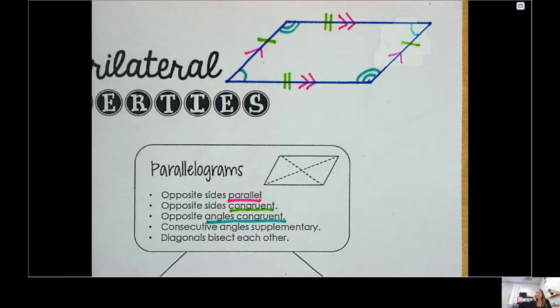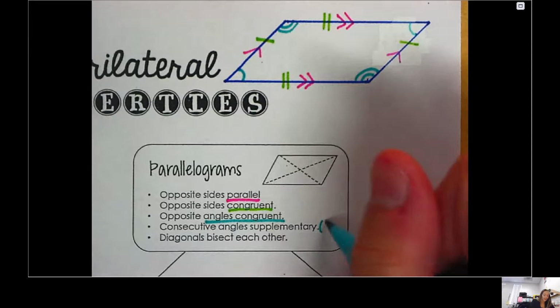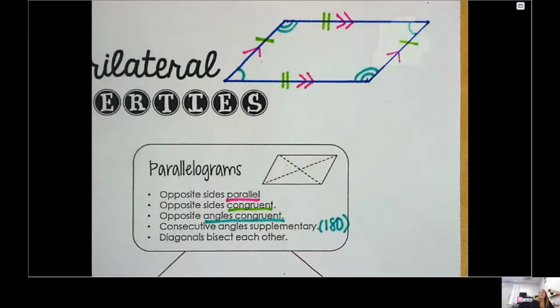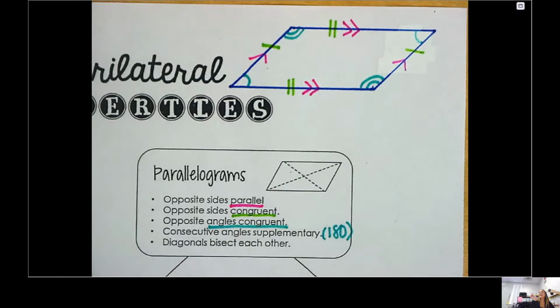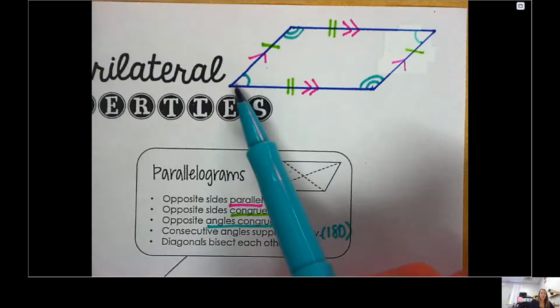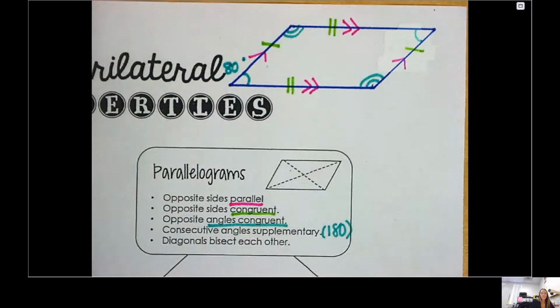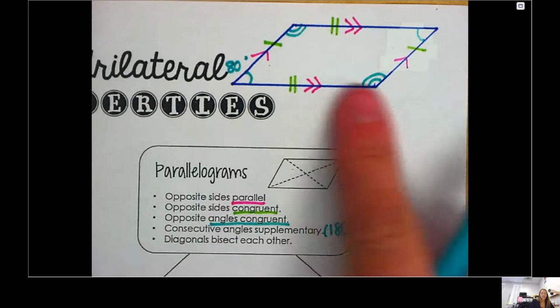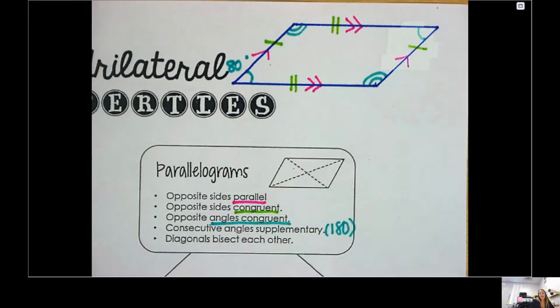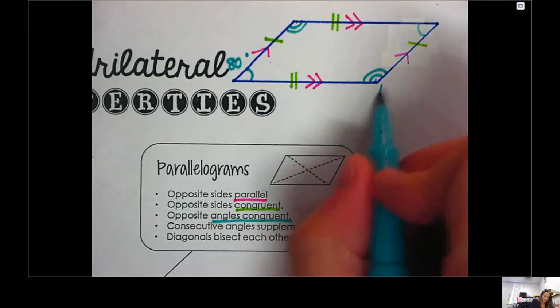Next one says consecutive angles are supplementary. What does supplementary mean? Adds up to 180. So consecutive means two that are on the same line. For example, if I said that this small angle on the lower left was 80 degrees, this one over here is on the same line, what would this one over here have to be? 100.